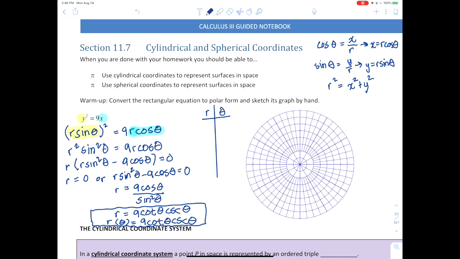So let's start with pi over 2. At pi over 2, what happens to r? It's going to zero out. And so we don't need to include the other equation here because it's already included. It's just redundant.